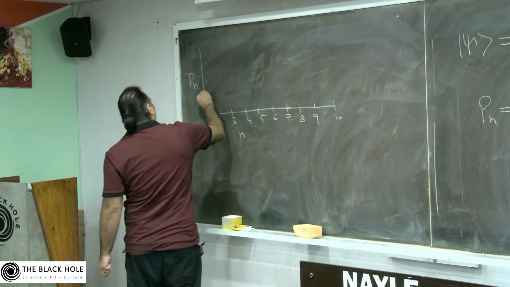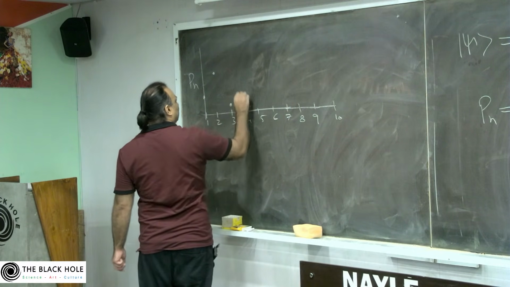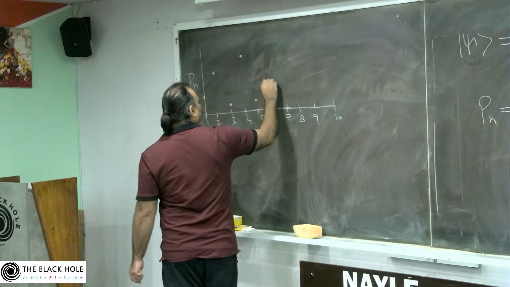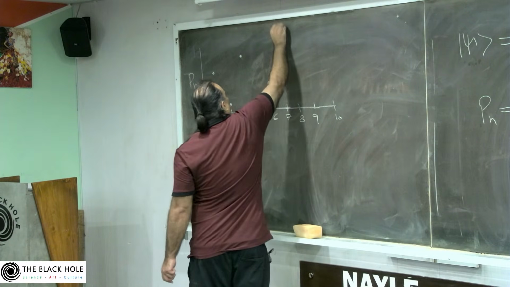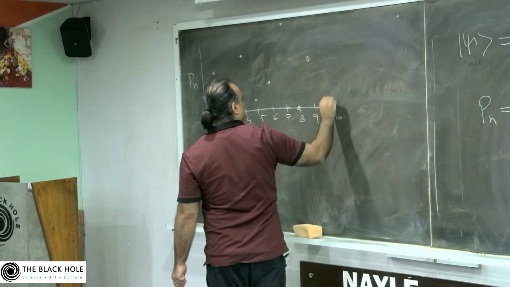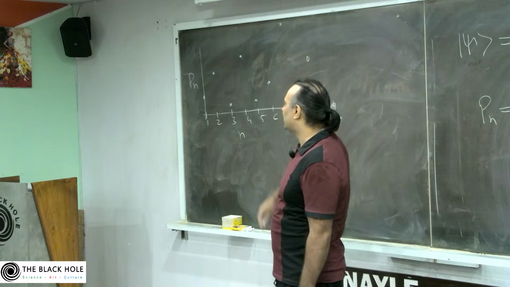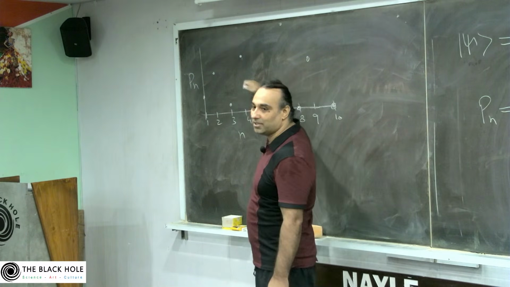Suppose you have probabilities. For 1 you have this, for 2 you have this, for 3 you have this, for 4 you have this. Suppose these are the probabilities and they sum up to 1, so I'm not labeling this scale.